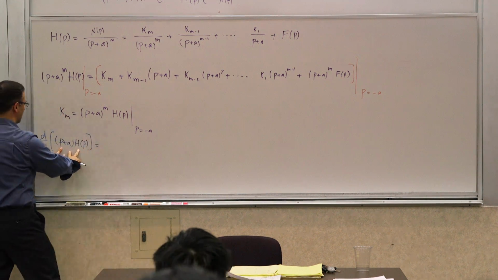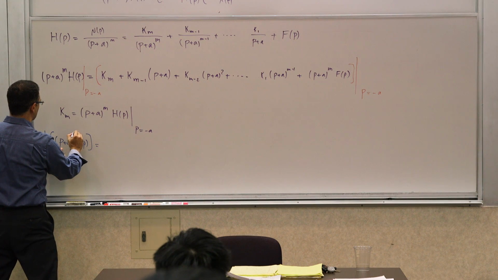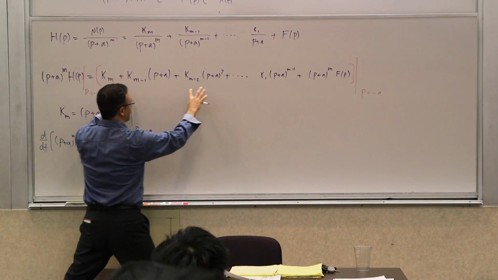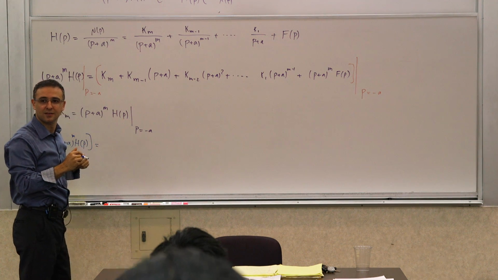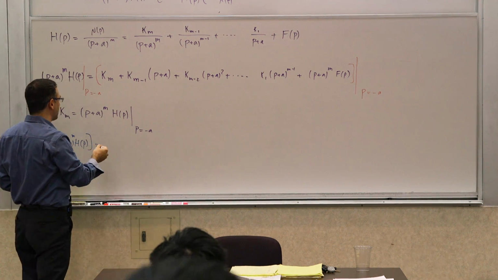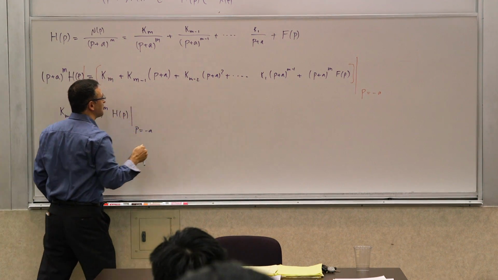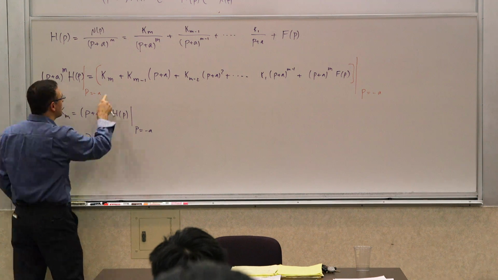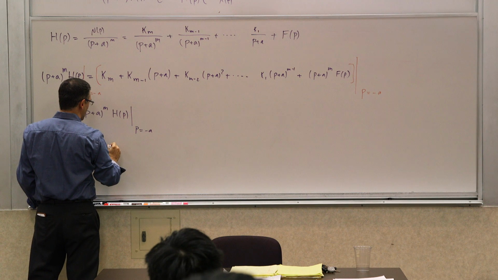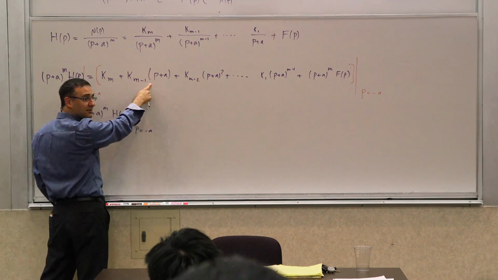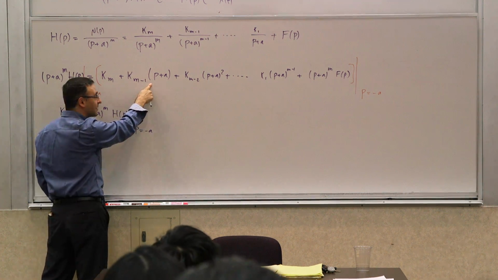Now this, to the m, this guy, is this, this whole big expression. So I can calculate what is the derivative of this thing with respect to p? What is the derivative of this with respect to p? Constant, 0. So what is the derivative of this with respect to p? Km minus 1.